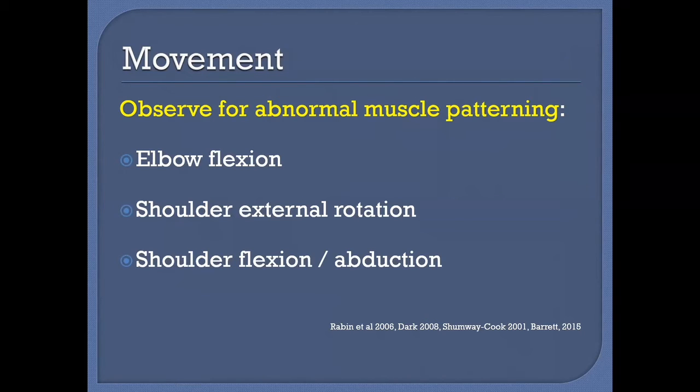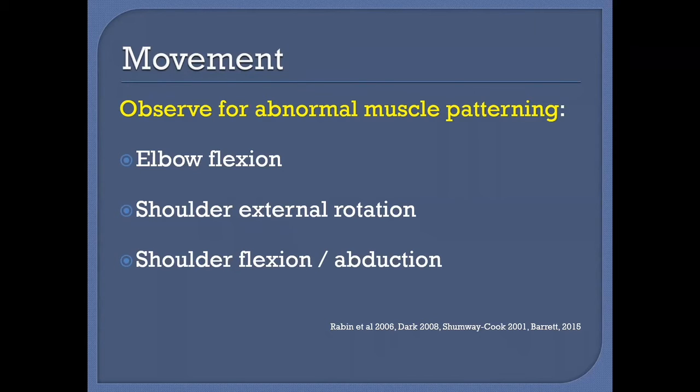So you look at shoulder flexion as well. Shoulder external rotation, so you just get the patient to rotate their arm outwards. And what I'm looking for is whether they're kind of really kicking in their lats. I don't know if you can think back to the video I showed you with the girl with the quite abnormal muscle patterning. I just kind of pulled her arm away from her side, so I was just seeing whether she was clamping her arm down.